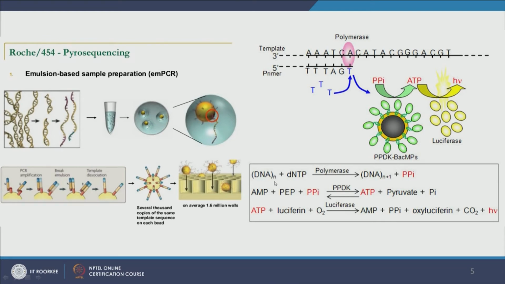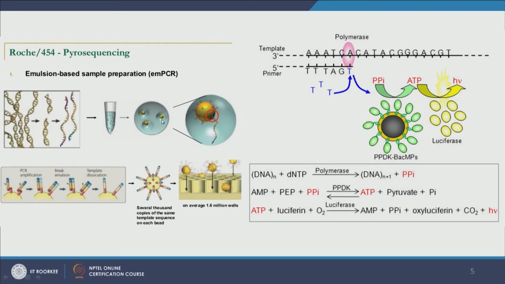So basically we have DNA, we have DNA polymerase, and it releases pyrophosphate. Pyrophosphate attaches with AMP and PEP, forms ATP and pyruvate, and this ATP attaches with luciferin, which gets oxidized in the presence of luciferase enzyme and releases light. Luciferase is the same enzyme that allows fireflies and many deep sea microbes and deep sea animals to release light. So this is Pyrosequencing for you.